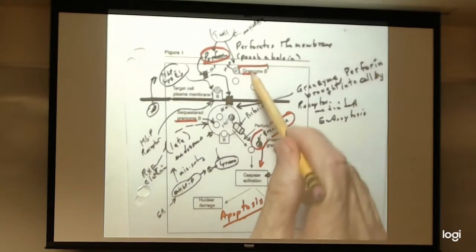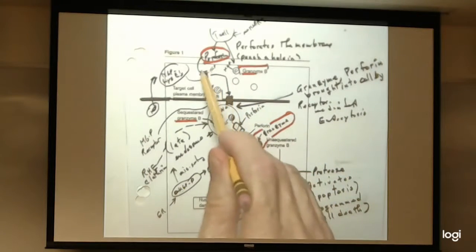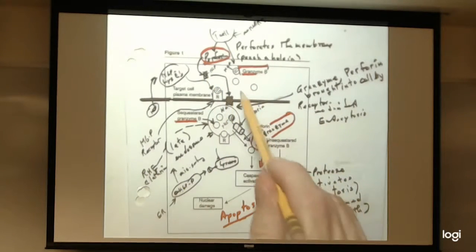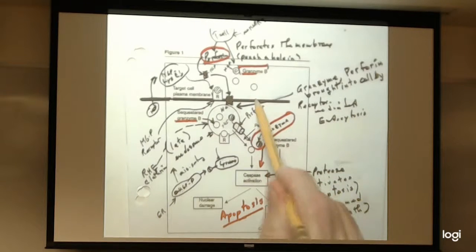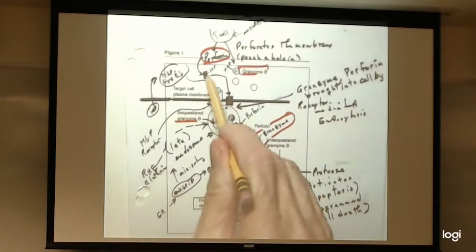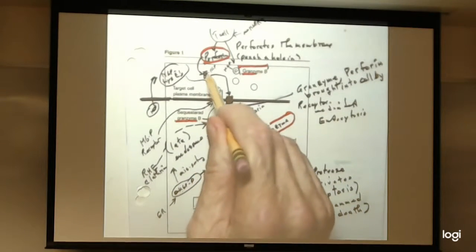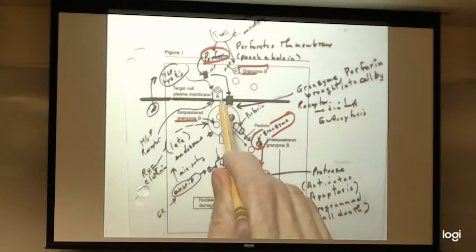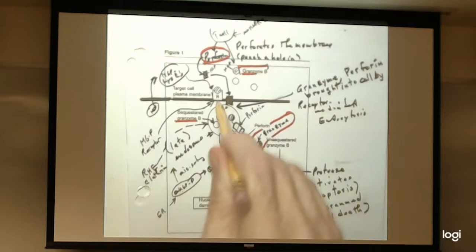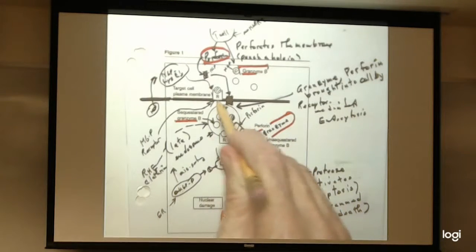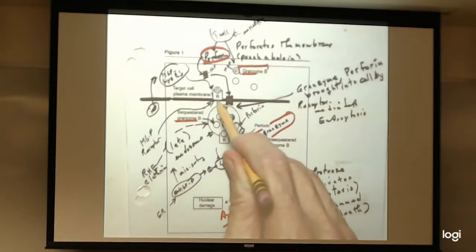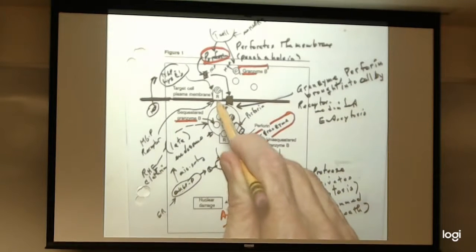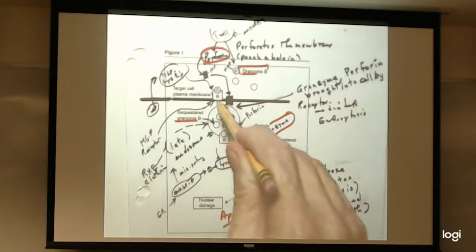The granzymes and the perforins have a certain kind of sugar called mannose-6-phosphate, M6P, okay? And all cells express on their surface a so-called M6P receptor. If you took me for molecular eukaryotic cell biology, 302, we talked about this pathway before.